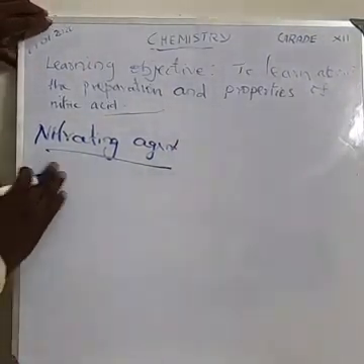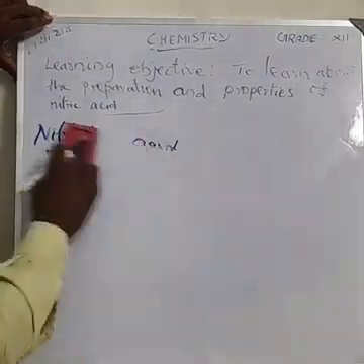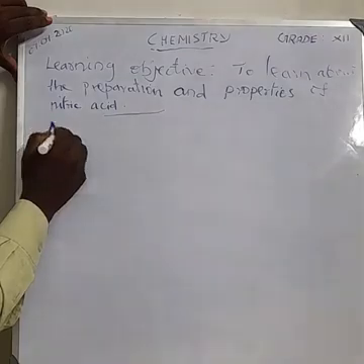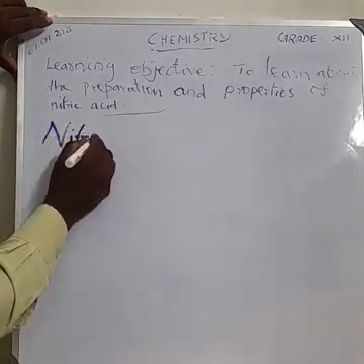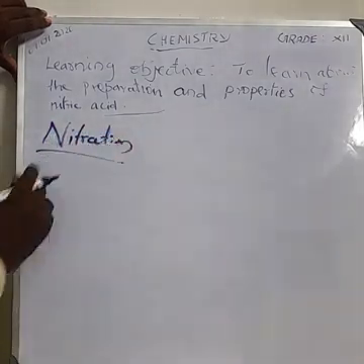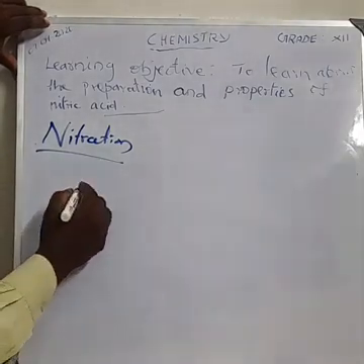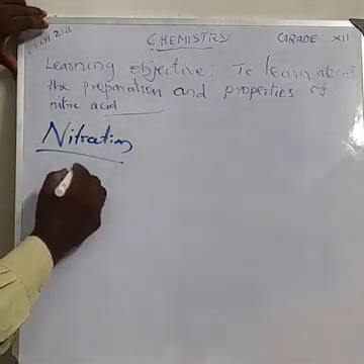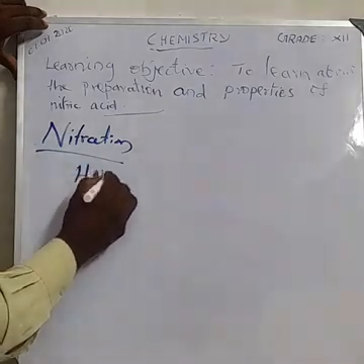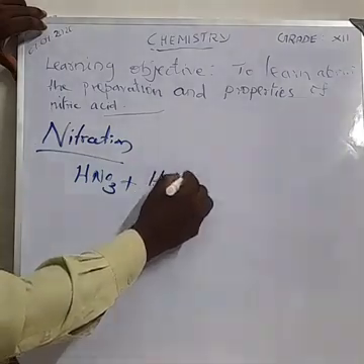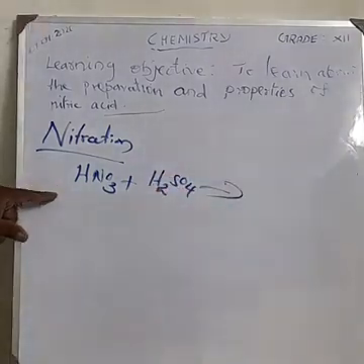Nitration takes place. Here, nitric acid reacts with sulfuric acid. What is the formula for nitric acid? HNO3. This is called nitration.